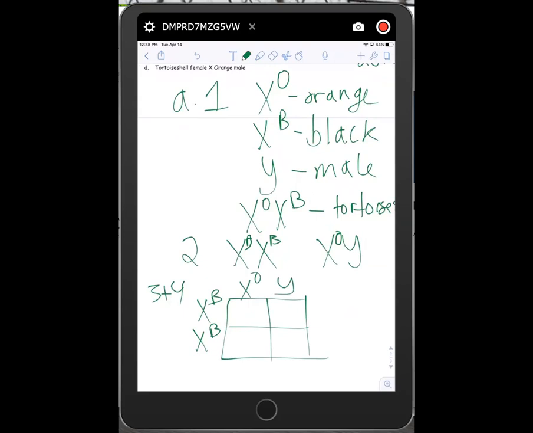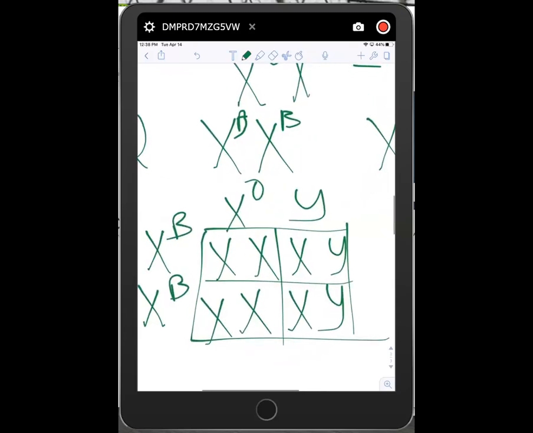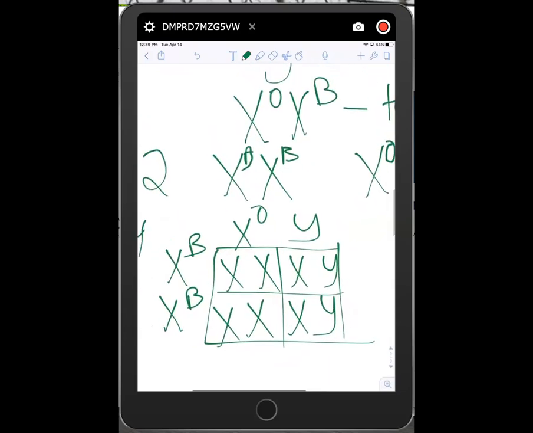That usually makes the most sense. Okay, so this is going to be a girl. This is going to be a girl. It's going to be a boy. It's going to be a boy. All right, and then what does this have? We had the O before the B, so this is going to be an OB, calico or tortoiseshell, OB.